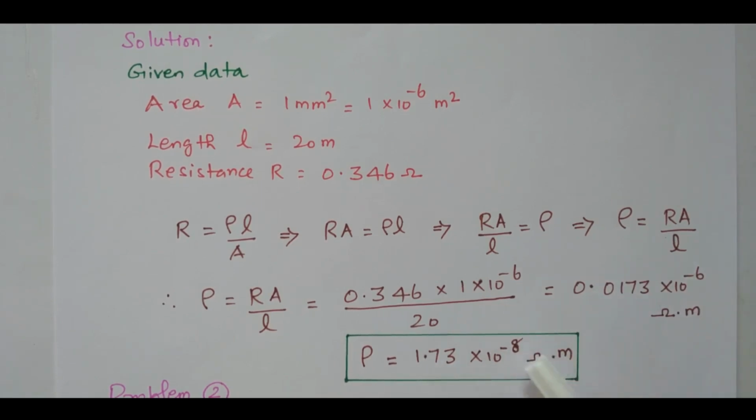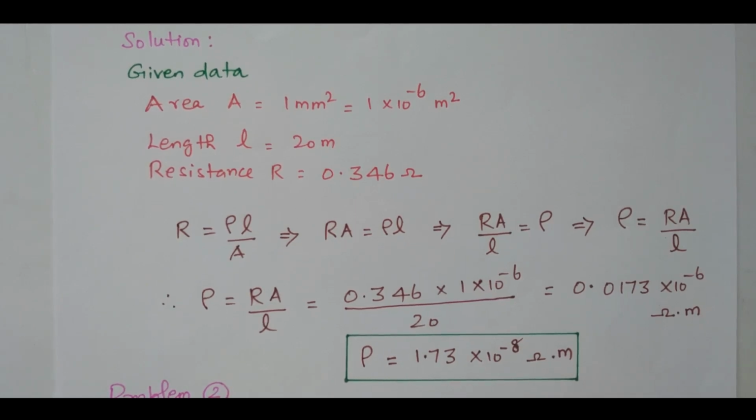This is a very simple problem: R, L and A are available, so we can easily find rho, the resistivity.